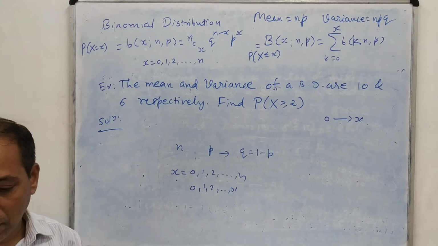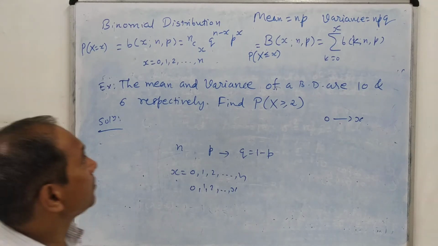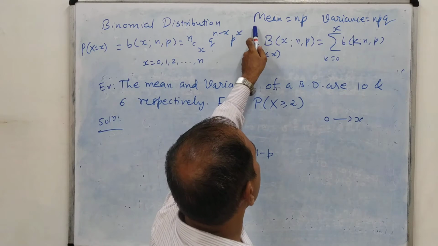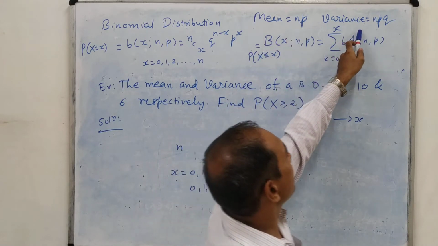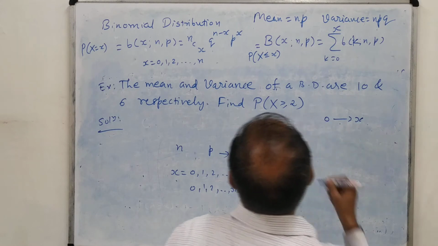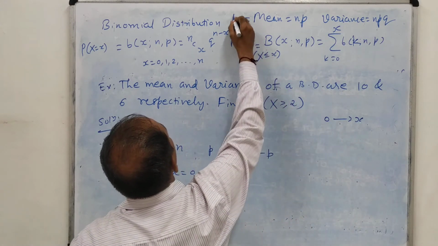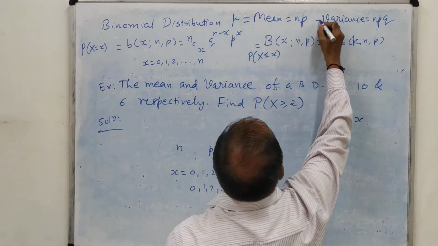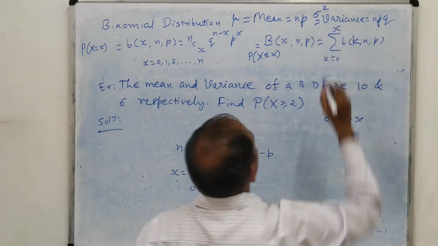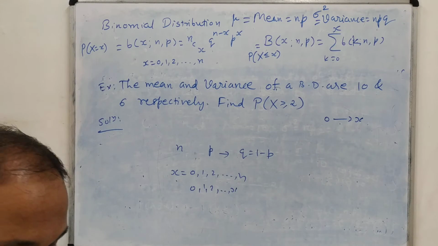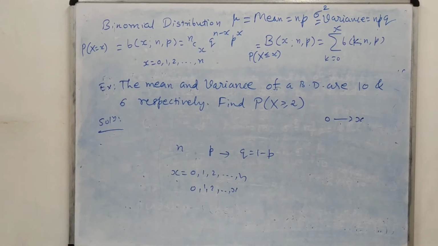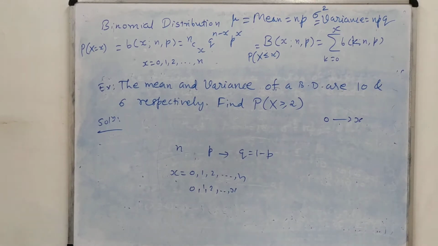We also saw in the last lecture that the mean of the binomial distribution is n p and the variance is n p q, where mean is written as mu and variance as sigma squared. This we have seen in the last lecture.